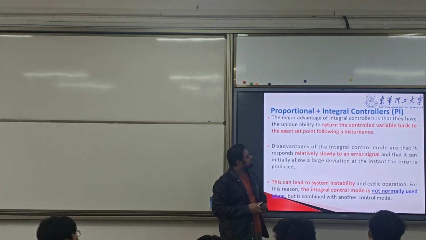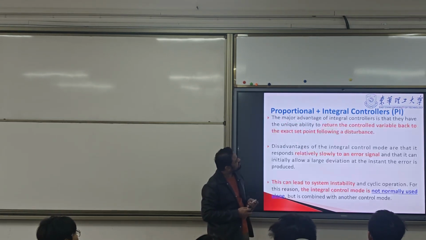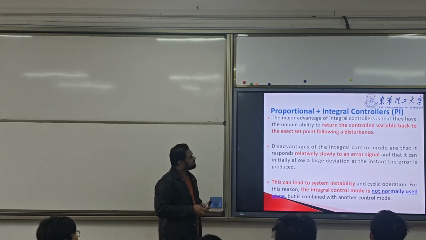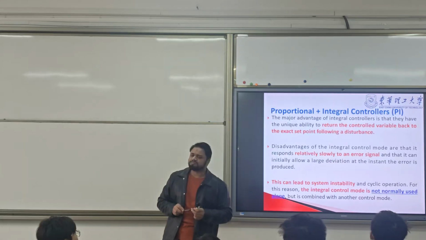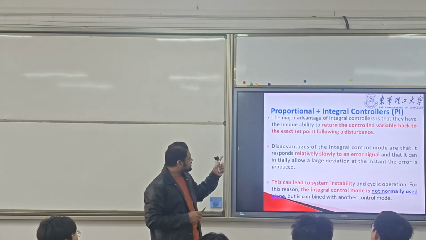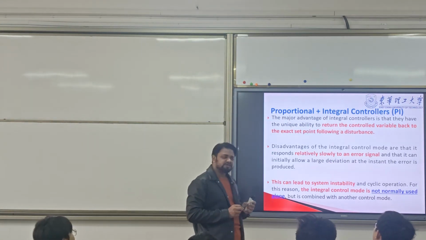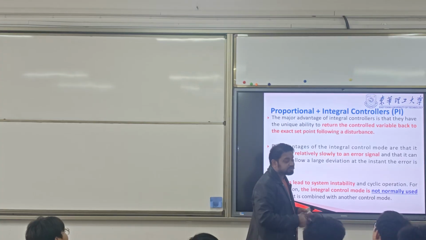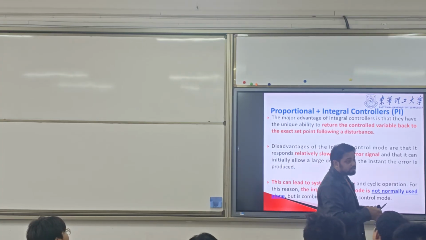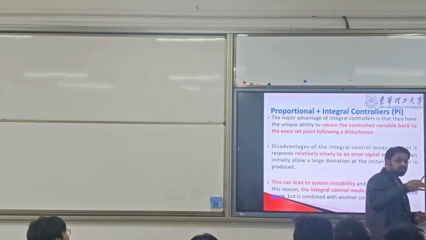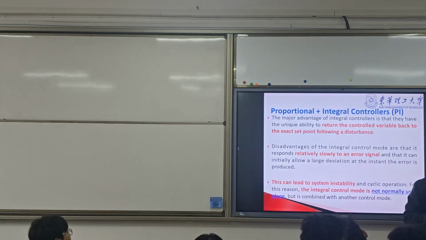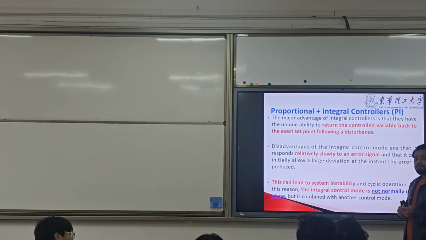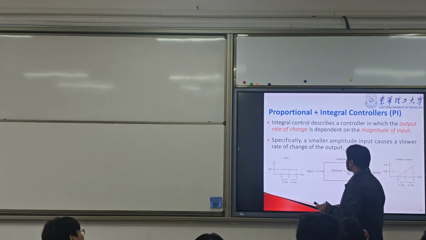Now, how can we explain it? Okay, I'll show you that later on. The major advantage of the PI control is it has a unique ability to return to the set point. Set point means what? The gain. So it will return to the gain following a disturbance.